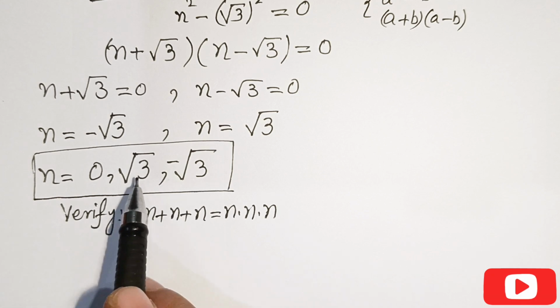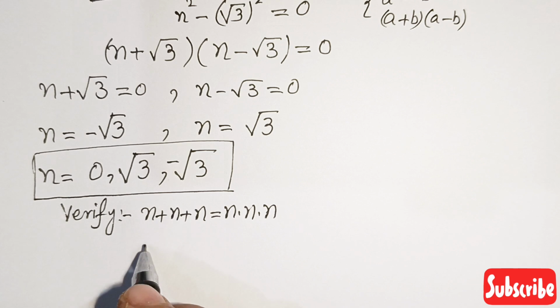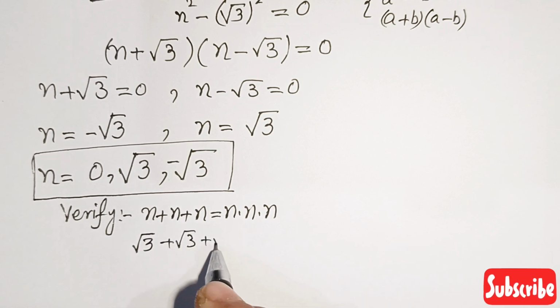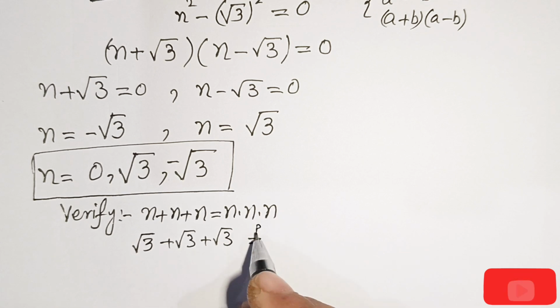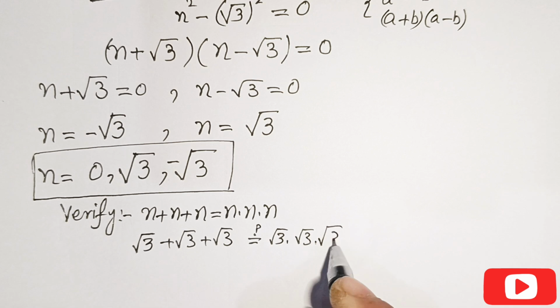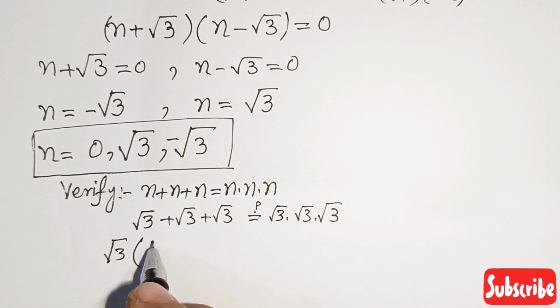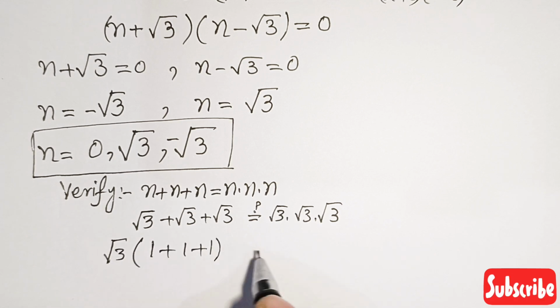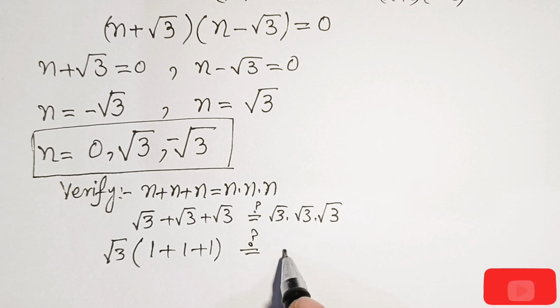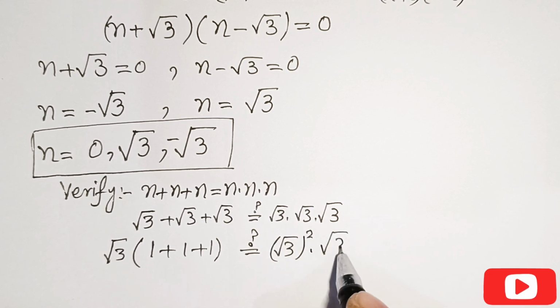Now we are going to put square root of 3 here. When n is equal to square root of 3, then square root of 3 plus square root of 3 plus square root of 3 is equal to square root of 3 times square root of 3 times square root of 3. Taking square root of 3 common, we have 1 plus 1 plus 1, and on the right we can write square root of 3 whole squared times square root of 3.